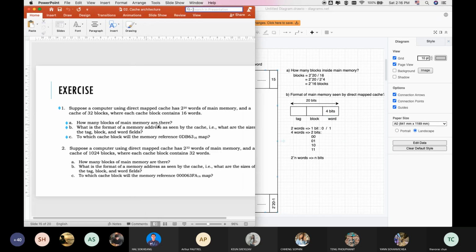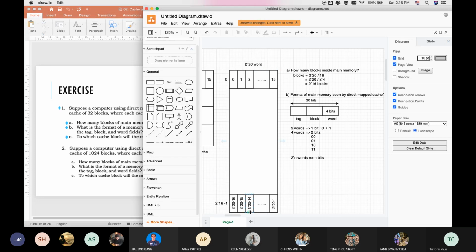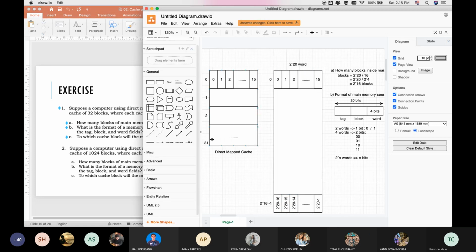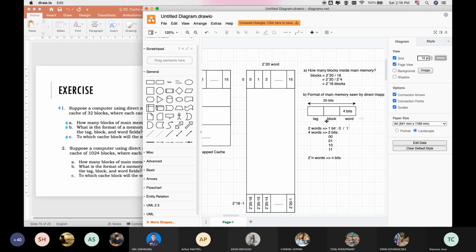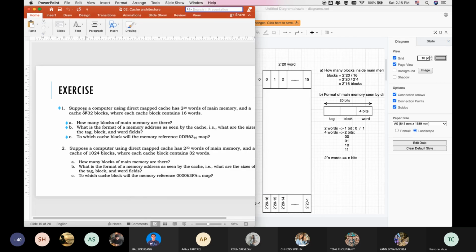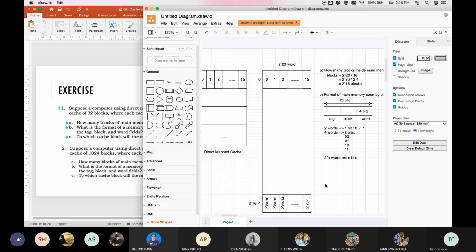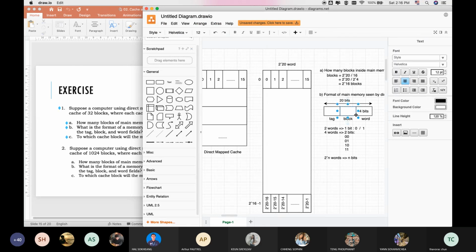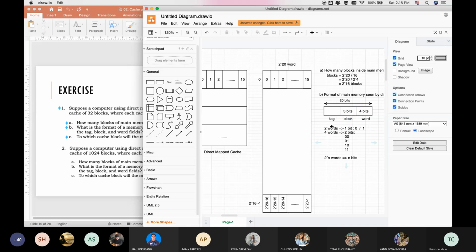And then for the block, the same thing, but the block here doesn't refer to the memory, but refers to the number of blocks inside our cache here. In our case, we have 32 blocks here. See, 32 blocks here. So we need 5 bits to encode all the blocks inside our cache.